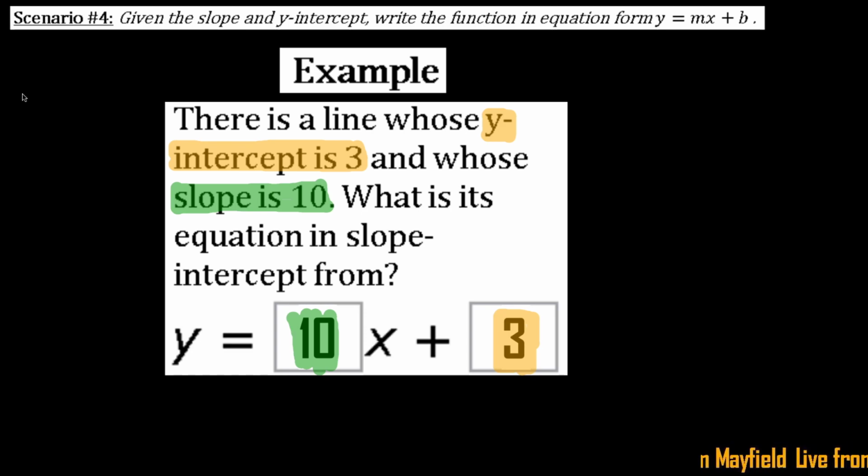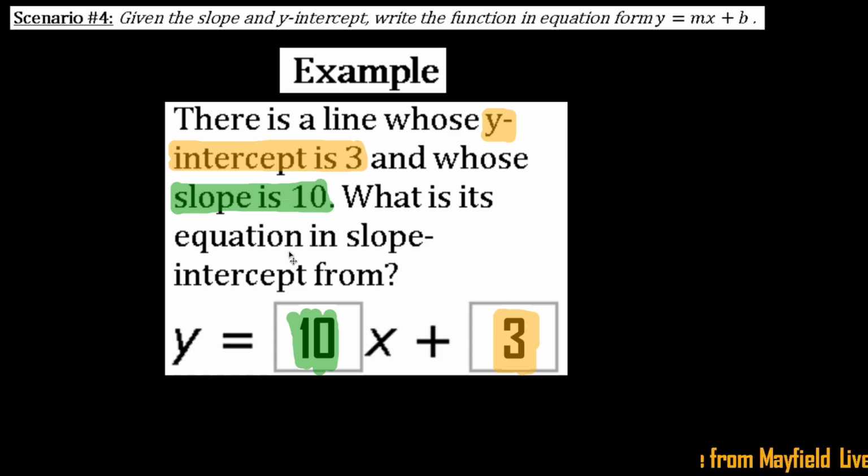And in that fourth scenario, again, it says, given the slope and y-intercept, write the function in the equation of the form y equals mx plus b. So again, this is a rare case, but it's also very simple. You want to make sure you can read it carefully. So it says there's a line whose y-intercept is 3 and whose slope is 10.